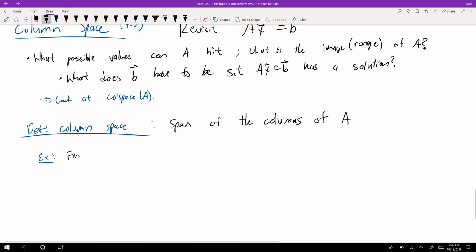Let's find the column space of A equal to [1, 4, 7; 2, 5, 8; 3, 6, 9].